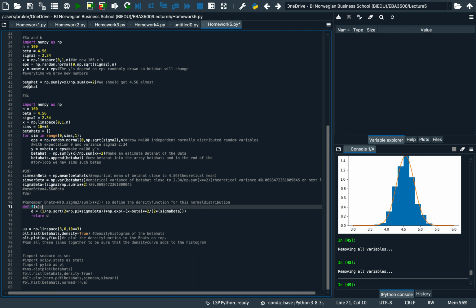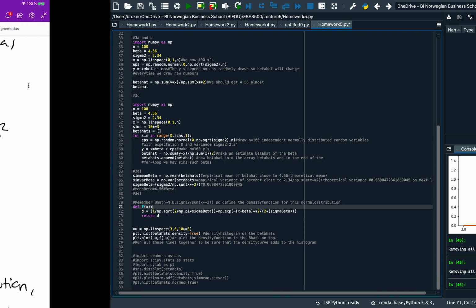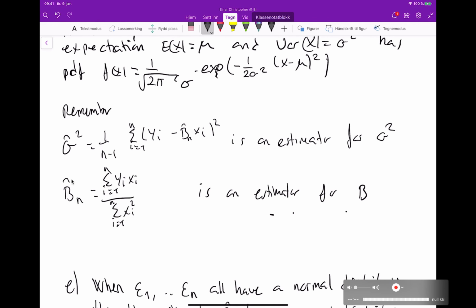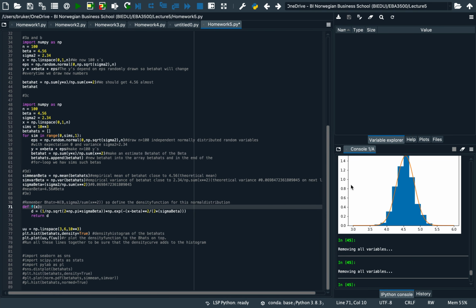Then we can calculate the beta hat. How do we do that? We use the estimator here, and we get a number for beta hat, which is an estimate for beta. So I just fill in the formula: sum of the y times x divided by the sum of x squared. Let's run everything here.